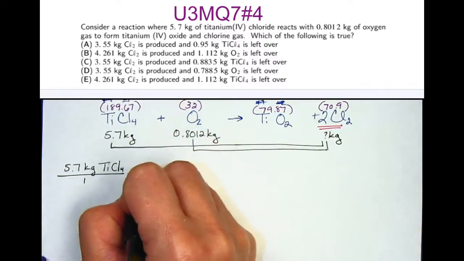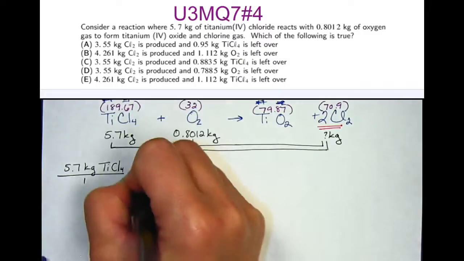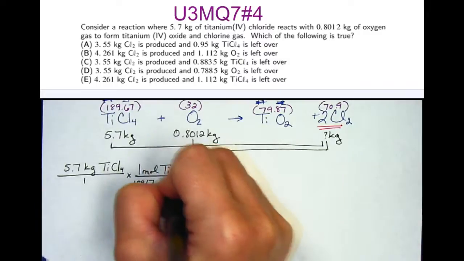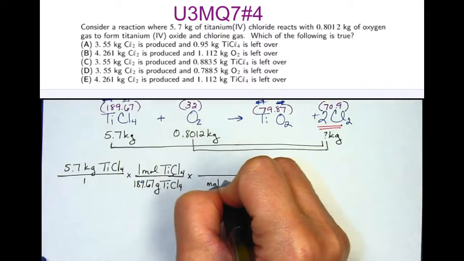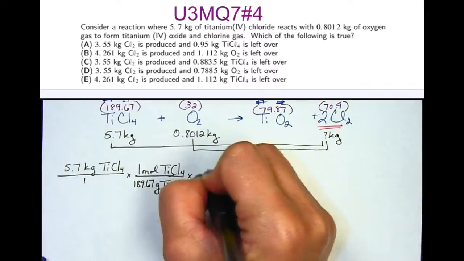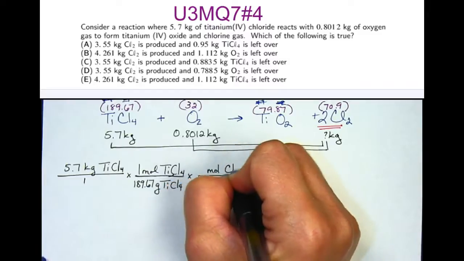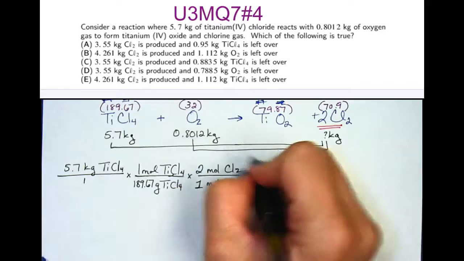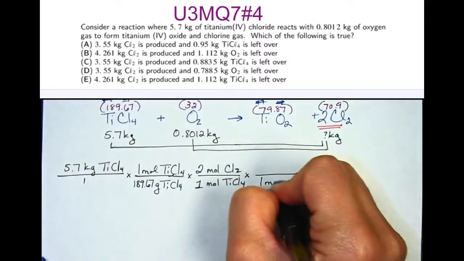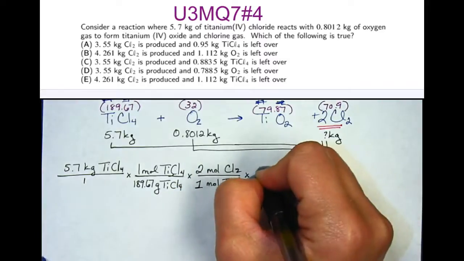And the mass is 189.67, and that equals 1 mole. We'll bring down moles, and now I can do the mole-to-mole ratio, which is 1 to 2. And then I can convert from moles to grams.